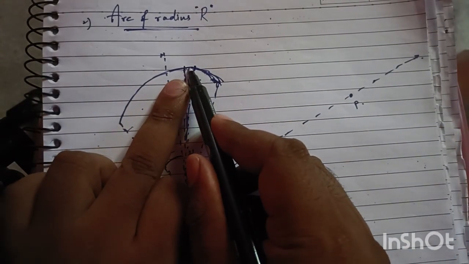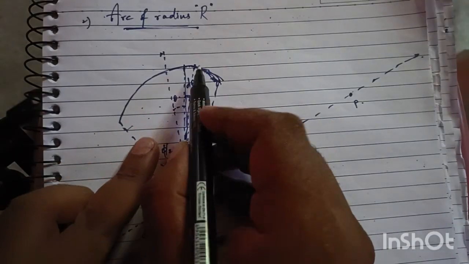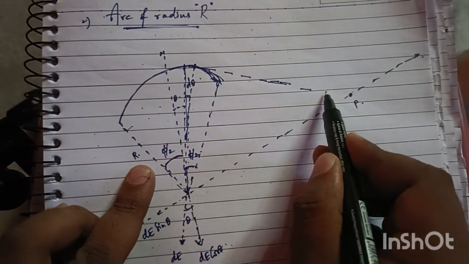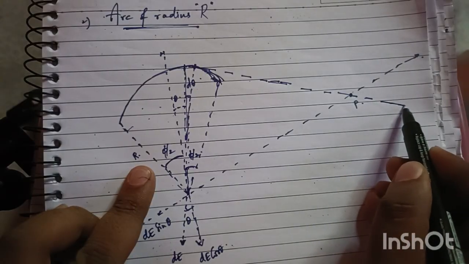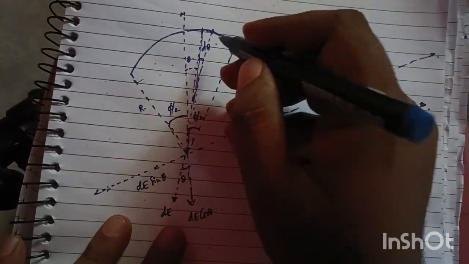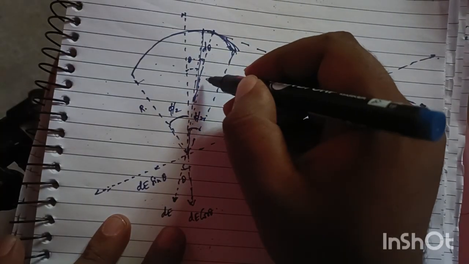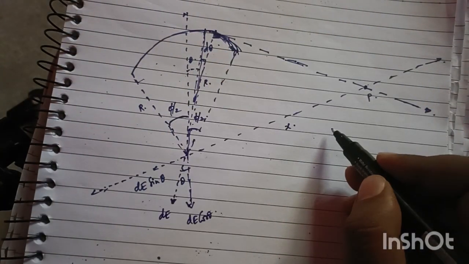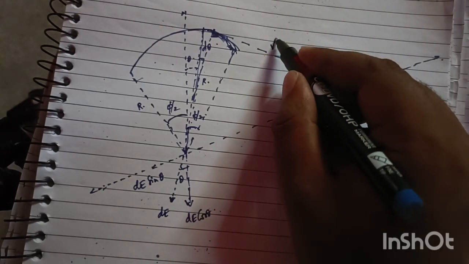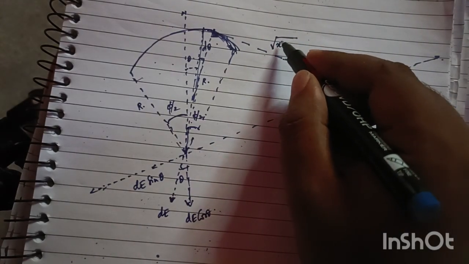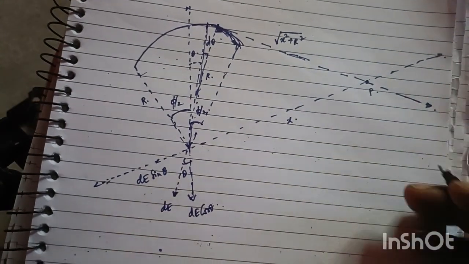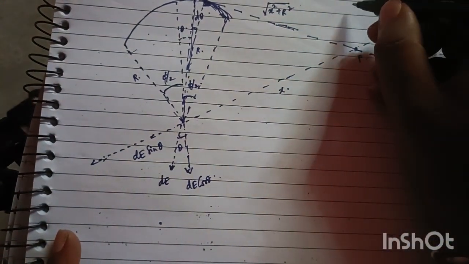So if I consider this small element and the considered point here, so this would be in this direction, right? So this is radius r, and this is x, and this is our actual hypotenuse, so this would be root of x square plus r square.